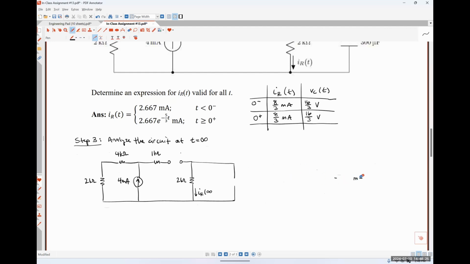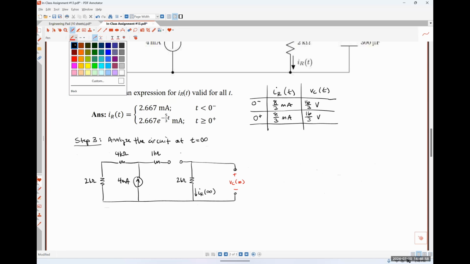At t is equal to infinity, we are at DC steady state once again, so we're simply going to replace our capacitor with an open circuit because a capacitor behaves like an open circuit in a DC circuit. So here is our capacitor voltage at infinity. And while we weren't particularly asked for it, we're still going to keep track of it just in case.